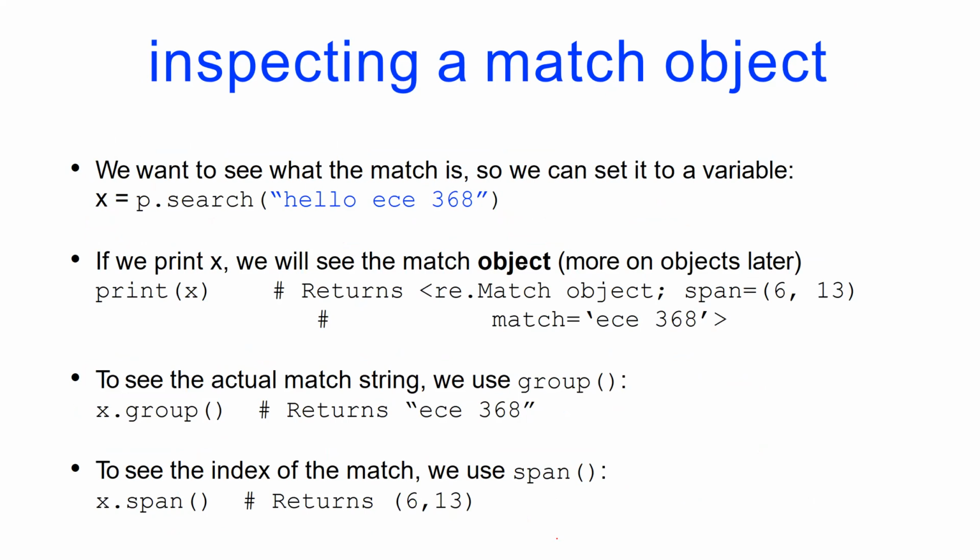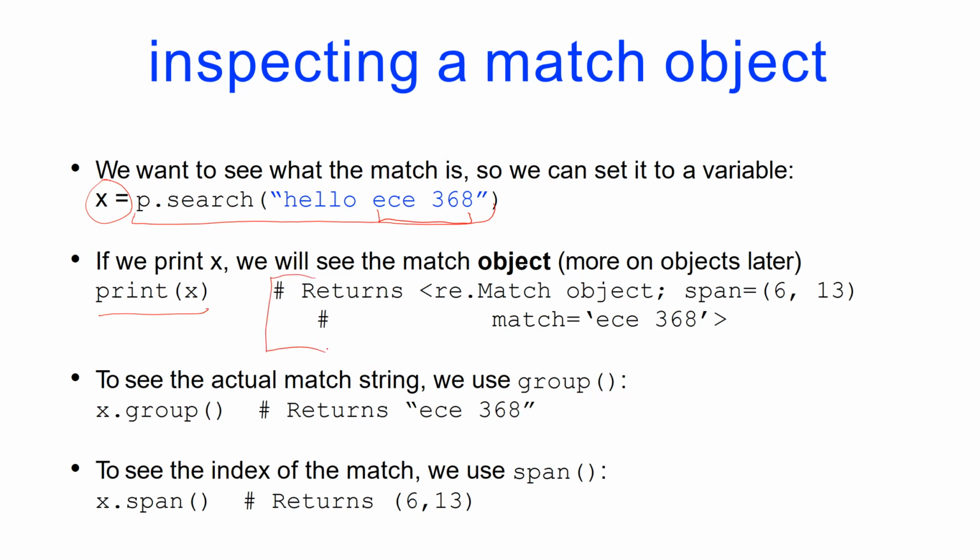So now we take a more detailed look at what a match object is, returned by your search or match operation. Let's say we call this, right? Because we know inside the pattern we have ECE and three numbers, any of them will create a match, so we are able to find a match here. The X is supposed to contain your search result. If we print X, you will get something like this.